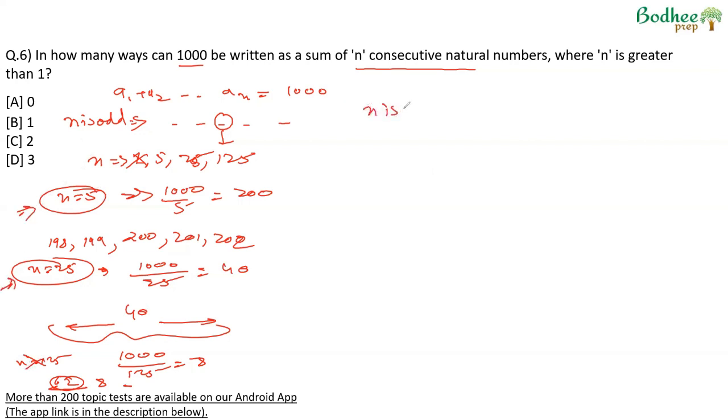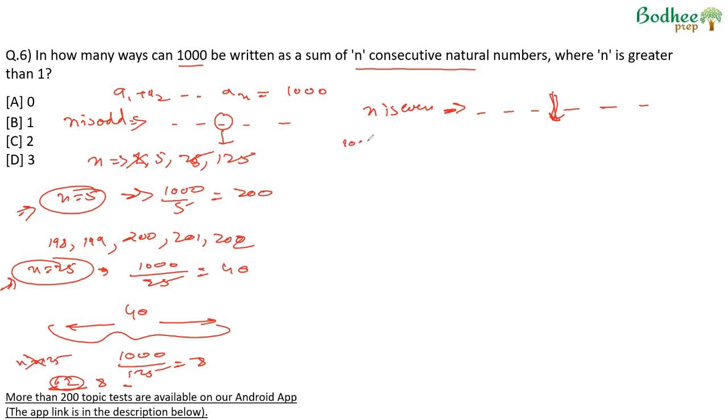When n is even, and we have consecutive numbers, the average is the average of the two central numbers. So the average will end in 0.5 to be precise. And therefore, 1000 has to be divided by n in such a way that we get 0.5.